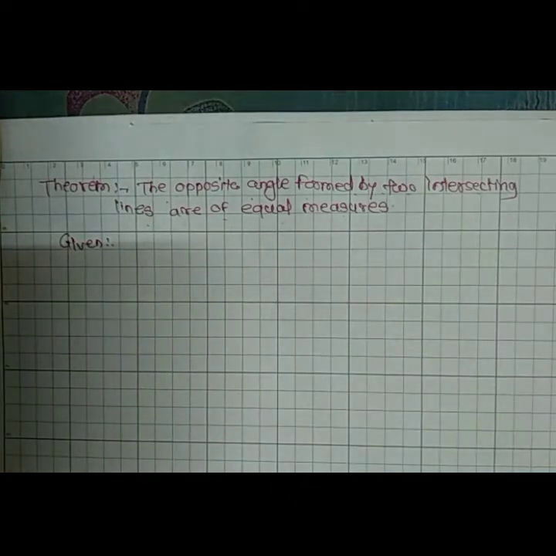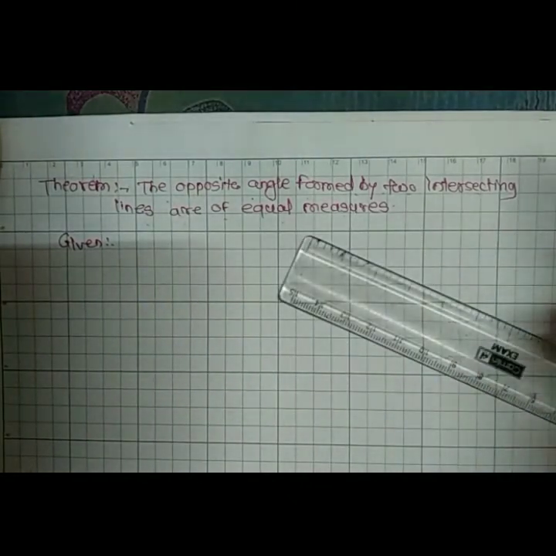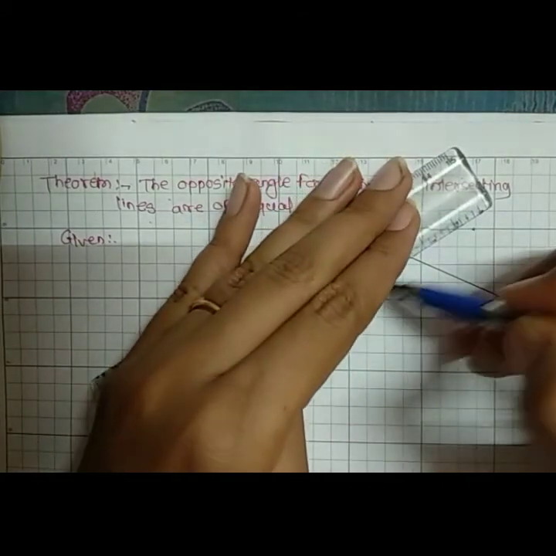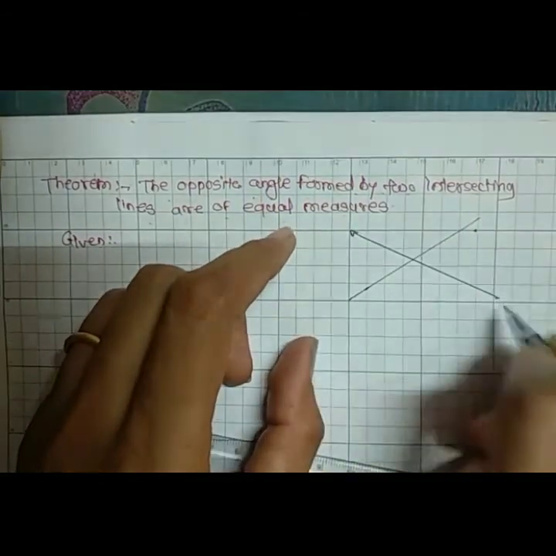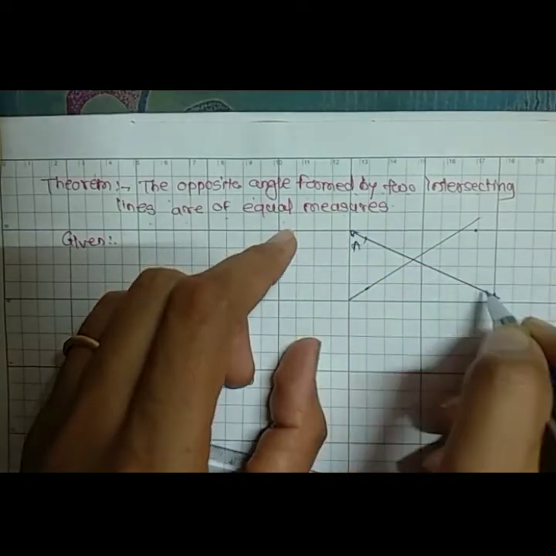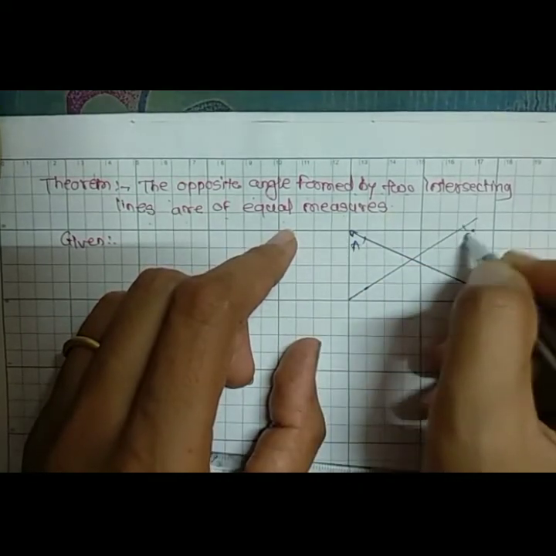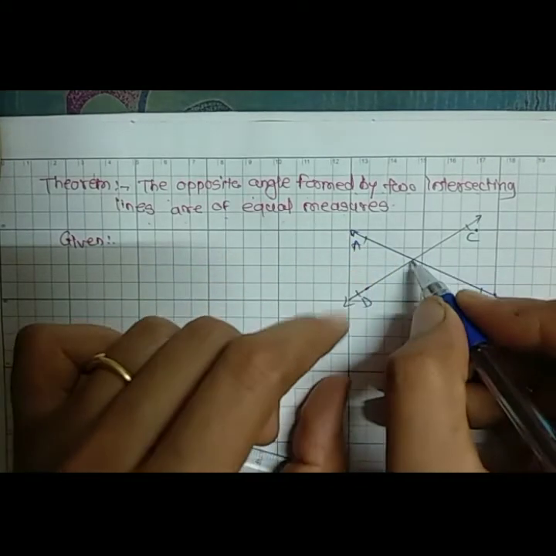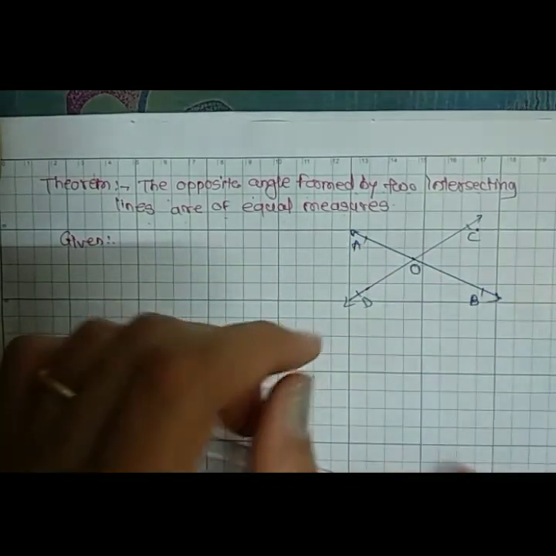So first draw the figure. These two lines are AB and CD. The lines are intersecting at point O.